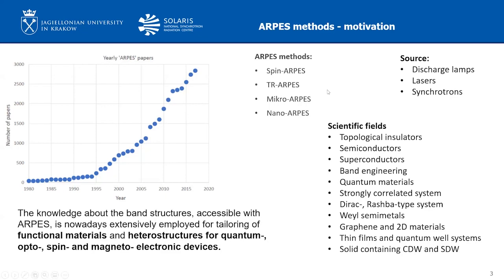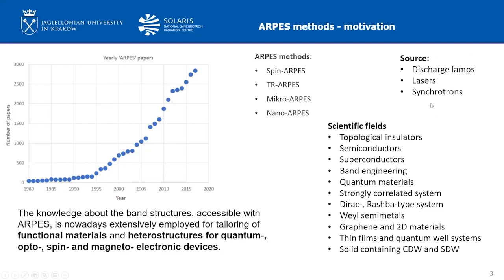Of course, using different tools is very important now for many researchers. Now, synchrotron radiation sources and lasers are extensively explored, and also in other groups, discharge lamps are used.